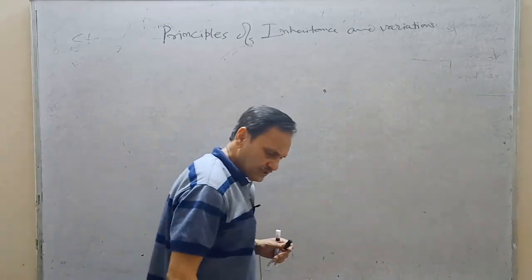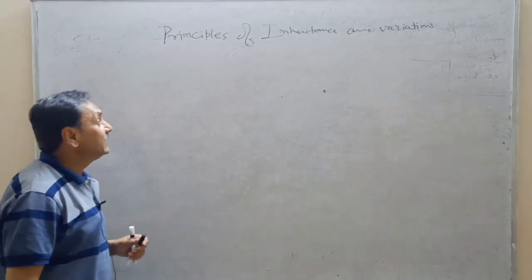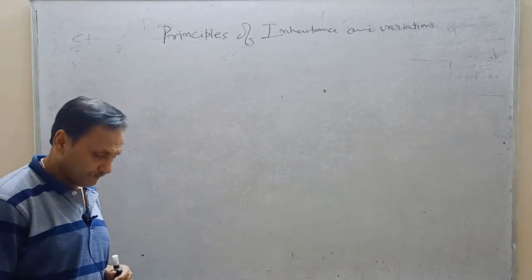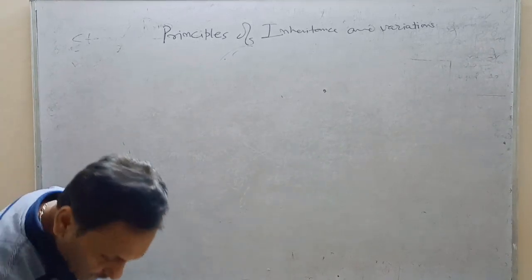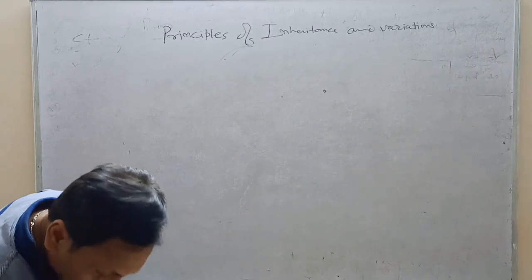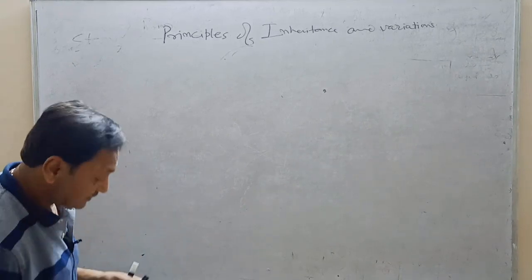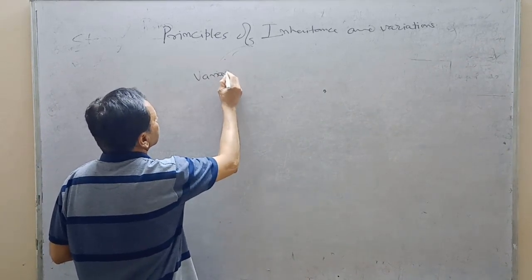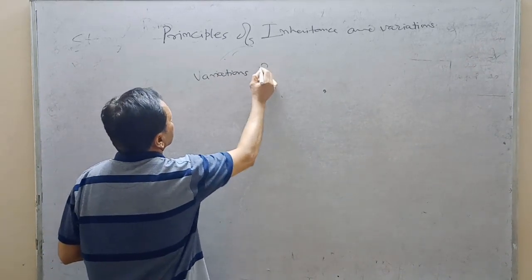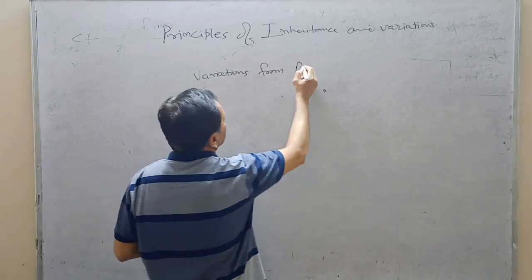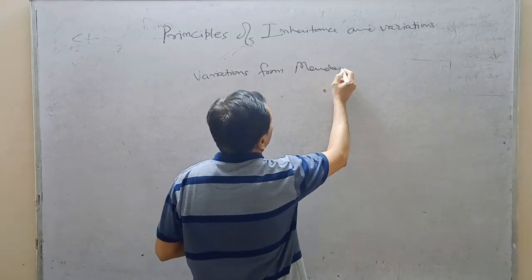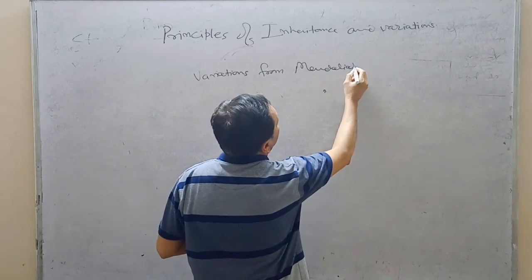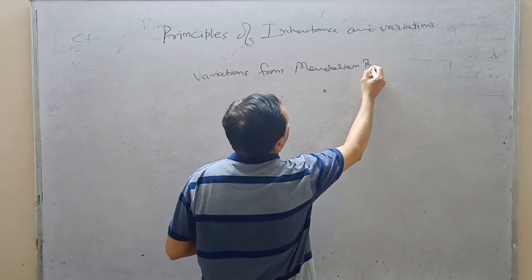Now, the next point of this principles of inheritance and variation is the variations from Mendelian principles.